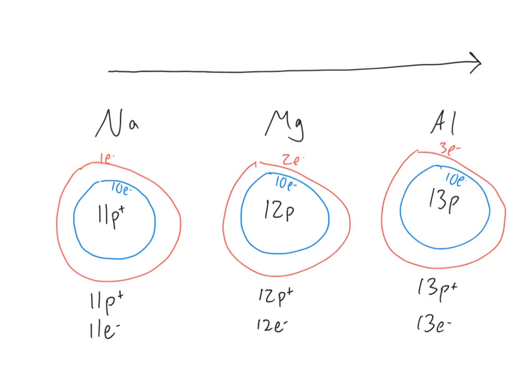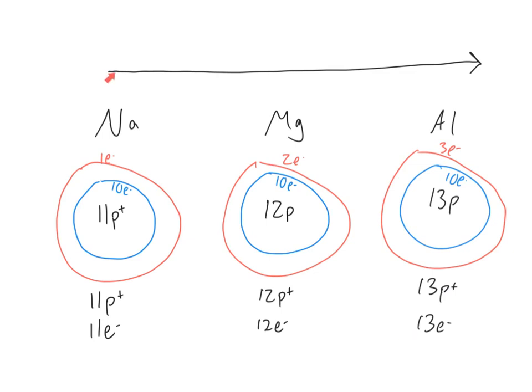If we think of this from purely a forces of attraction between charged particles point of view, we see that in the case of sodium, we have 11 positive charges pulling on 11 negative charges. With magnesium, we have 12 positive charges pulling on 12 negative charges, and aluminum 13 positives pulling on 13 negatives.